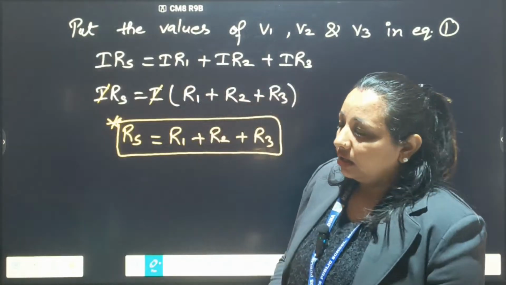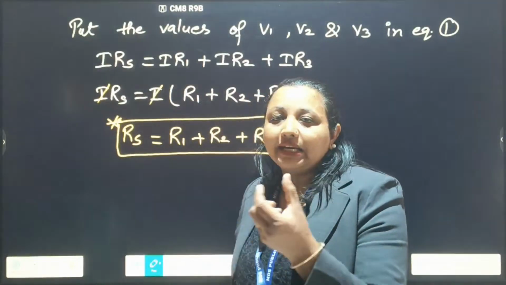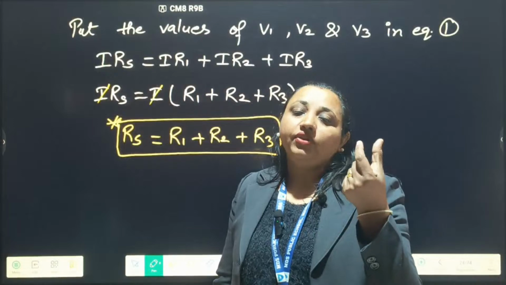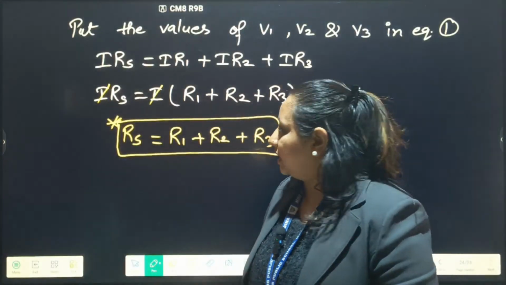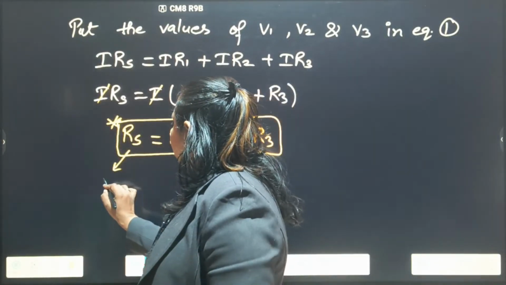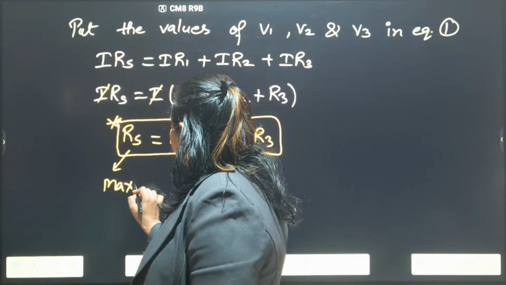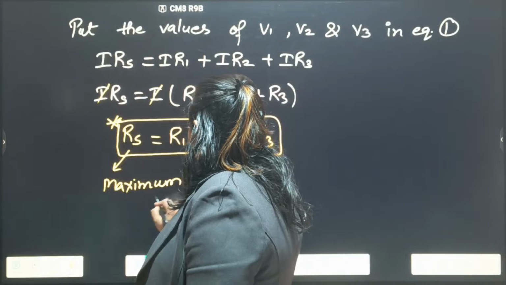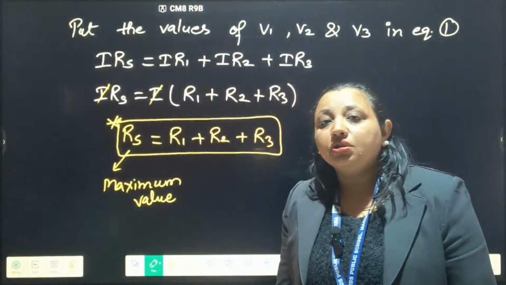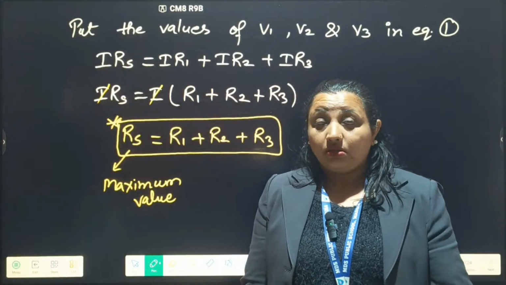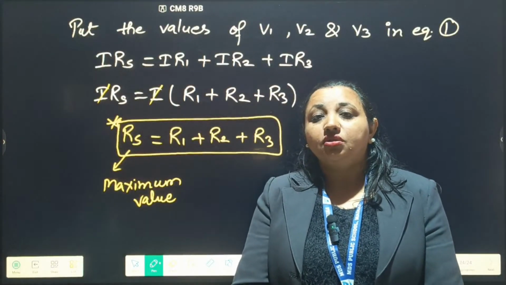Okay? That means we can add individual resistances to find the equivalent resistance of series combination, and it has the maximum value. Okay? In series combination, it may be asked to find the maximum resistance. तो maximum resistance कौन से combination में होता है?